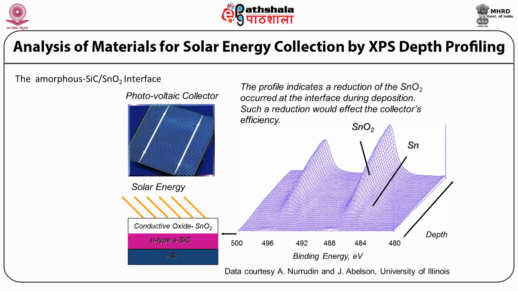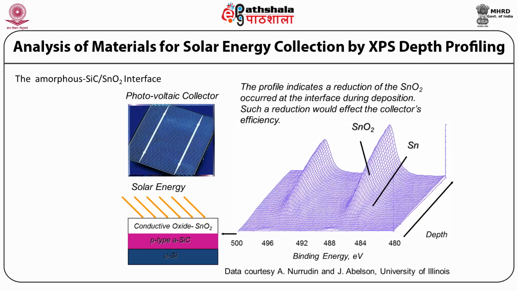This reduction occurred at the interface during deposition. Such a reduction would affect the collector's efficiency because it should have more SnO2, so that it is able to collect a higher amount of energy. But this reduces, and the capability of collection also reduces.